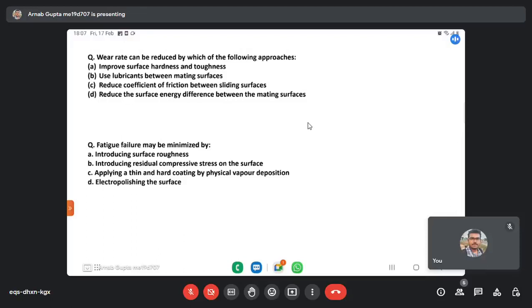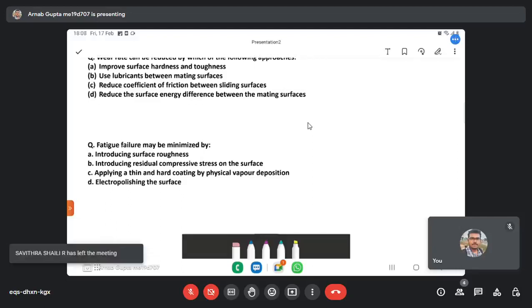So coming to the first question, as you can see on the screen, wear rate can be reduced by which of the following approaches? You can unmute yourselves and answer.